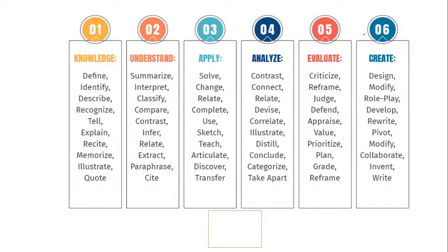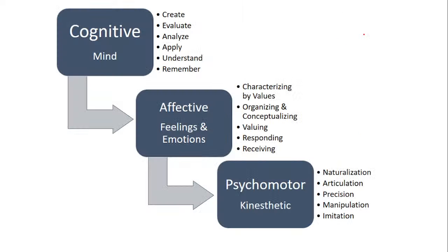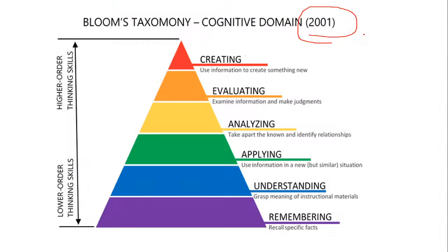Now, in order to easily understand, we have the second part of the diagram, where I have given just a small statement with respect to the levels. When we talk about remembering, it is recalling. So you just have to keep the key terms in mind. It will help you in the case of match the following, or in the case of any important key term, to understand the levels.